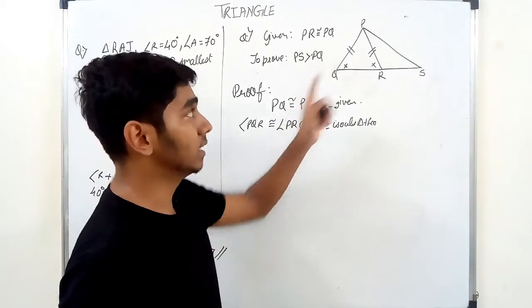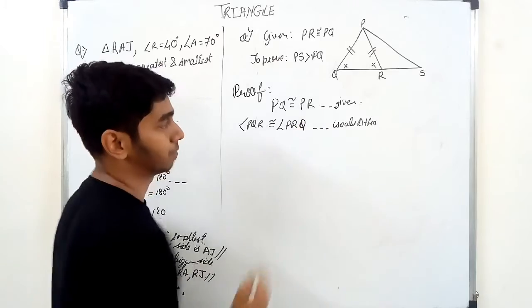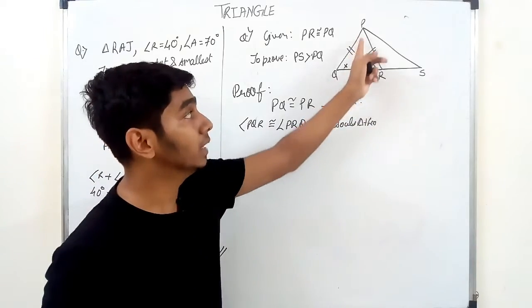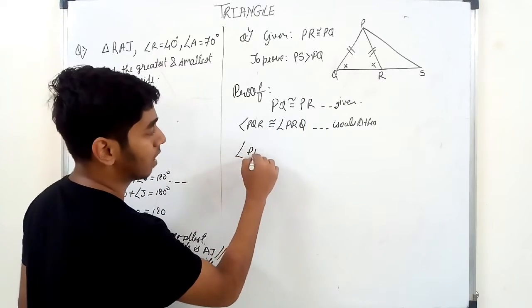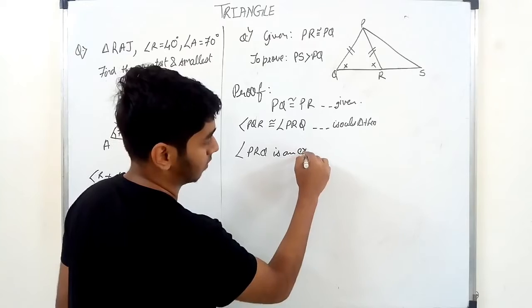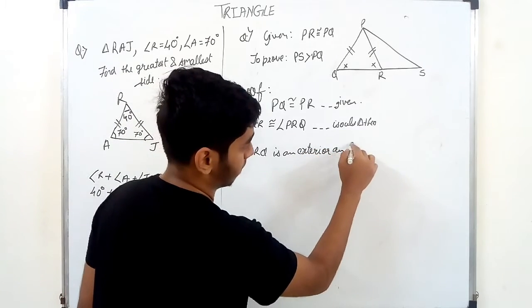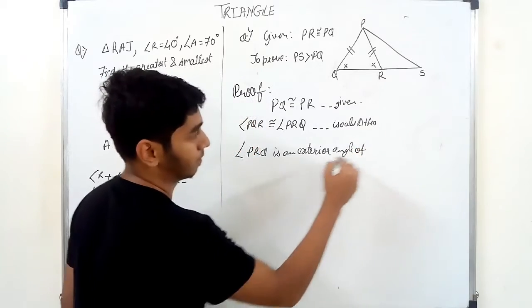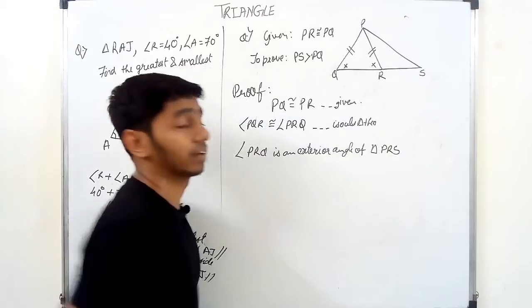Now, if you see, angle PRQ is an exterior angle of triangle PRS.